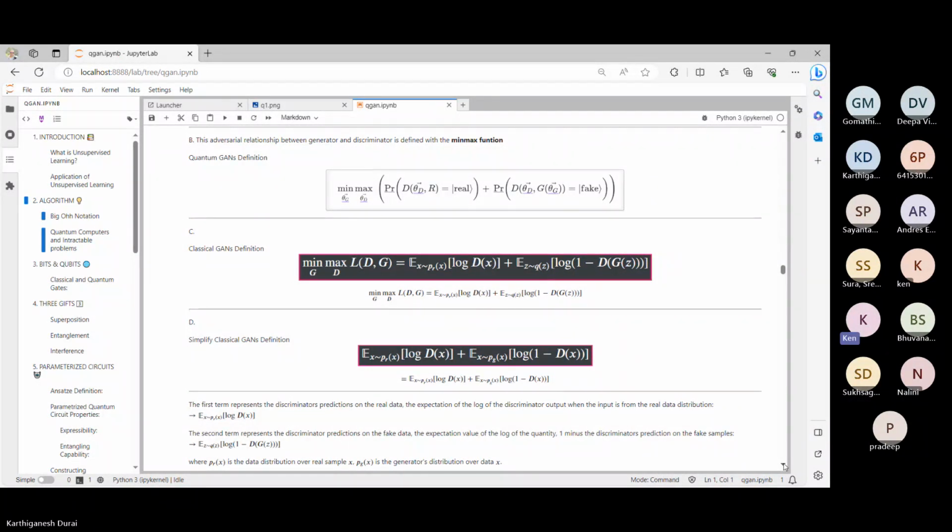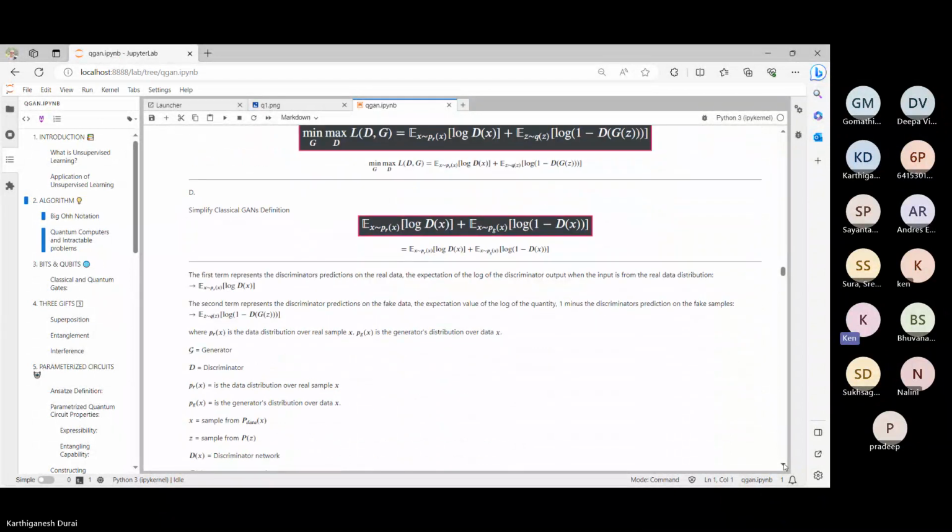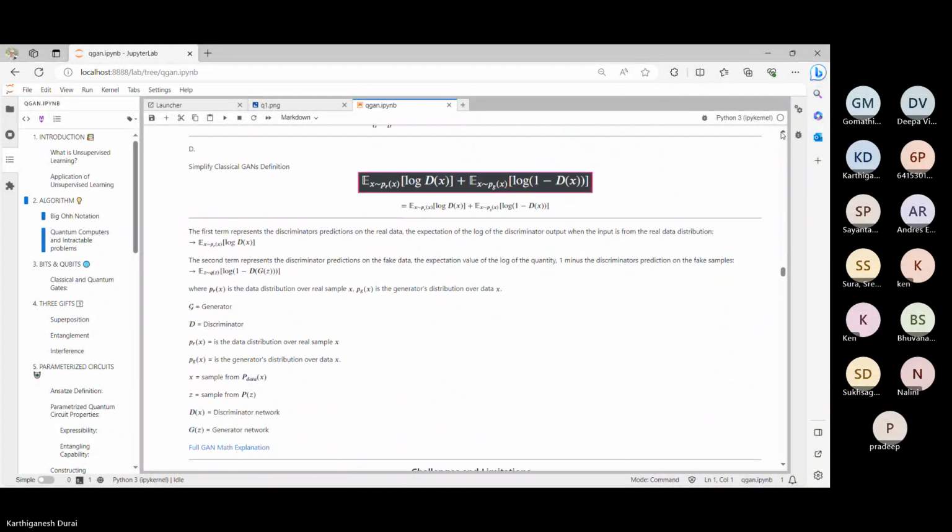Now, this is the quantum GANs definition, and I pulled it up here because it will be relevant later, but just to show how simple it is. So, reading it now, we have the minimum over theta g, that we're trying to minimize, and theta d, that we're trying to maximize.